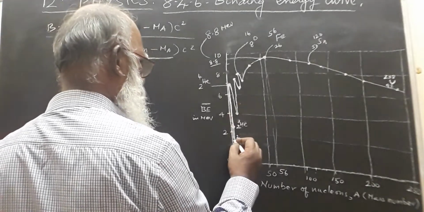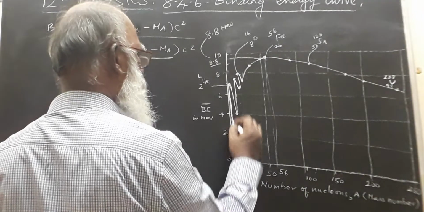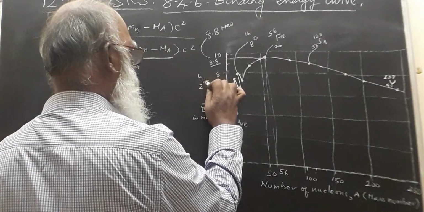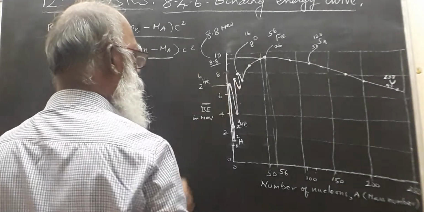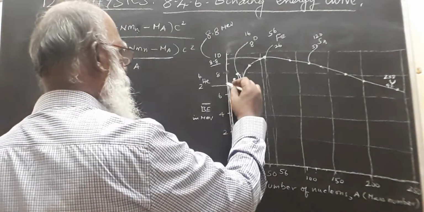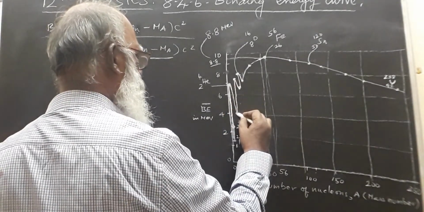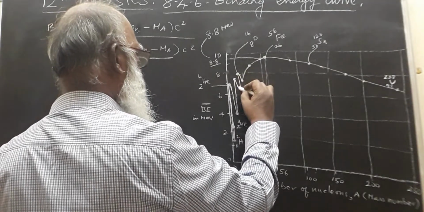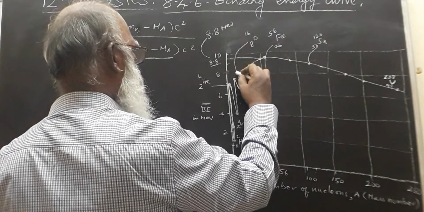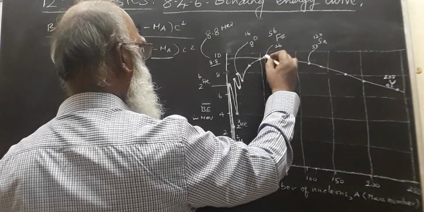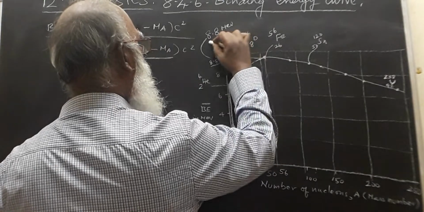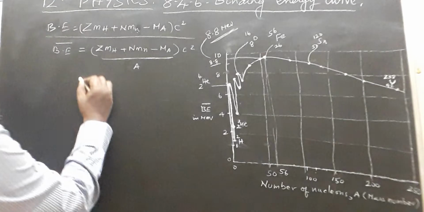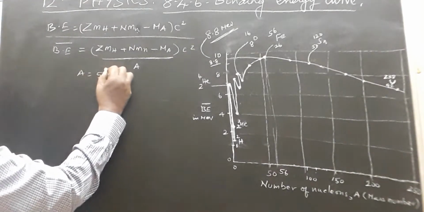Then the curve rises straight away to 7, that is the helium isotope 2He4, comes back to 4 million electron volt, again rises to 7.8, then decreases, increases, decreases, and reaches the peak value of 8.8 million electron volt when A equals 56.